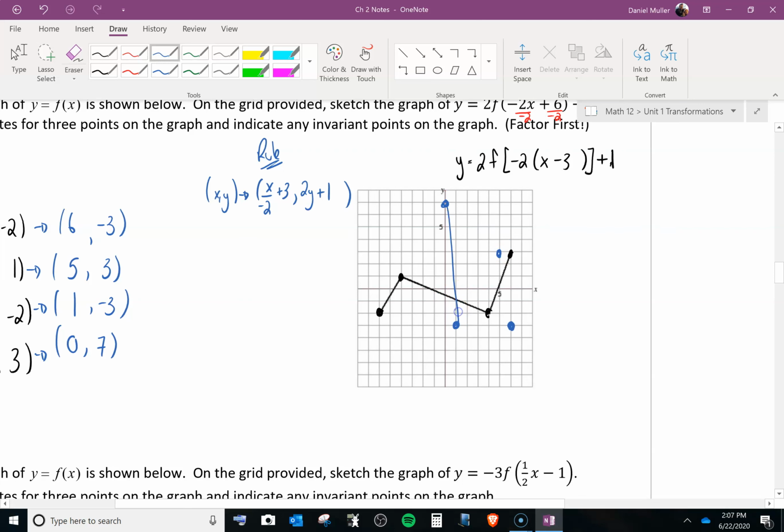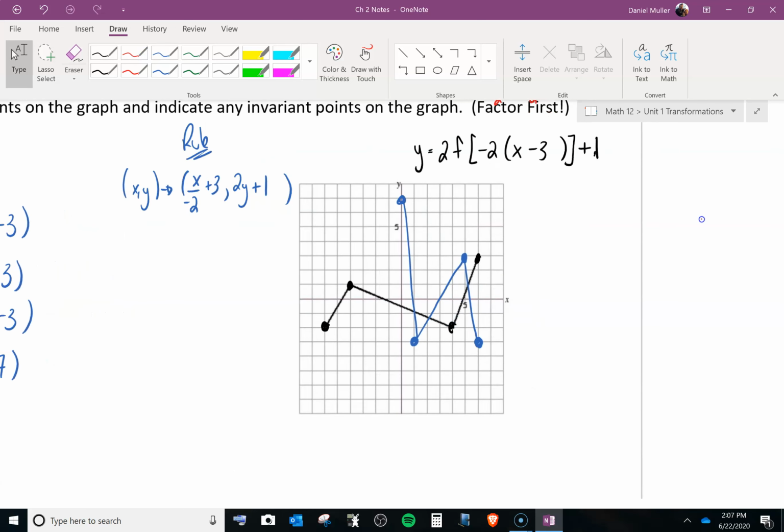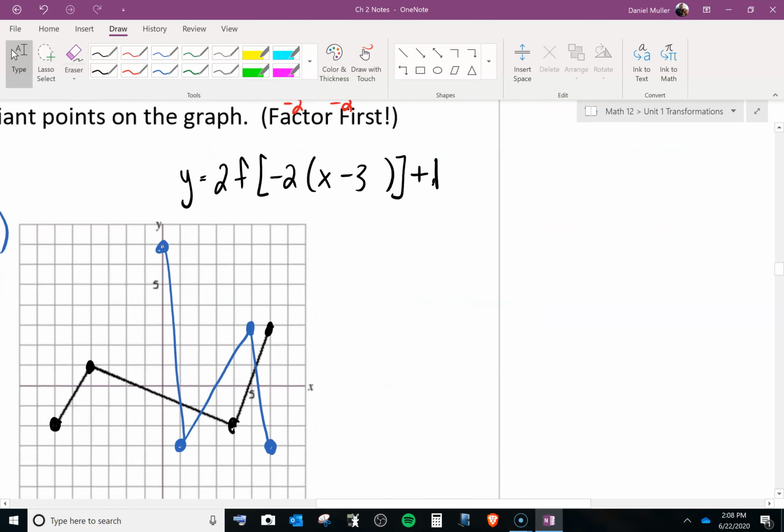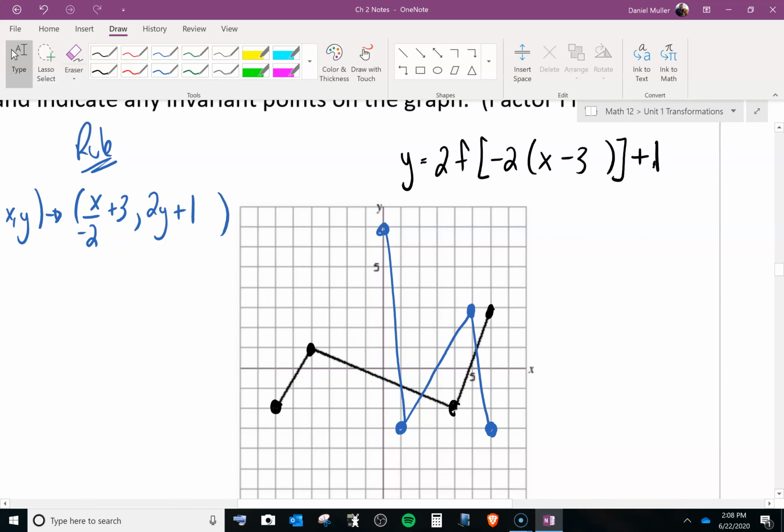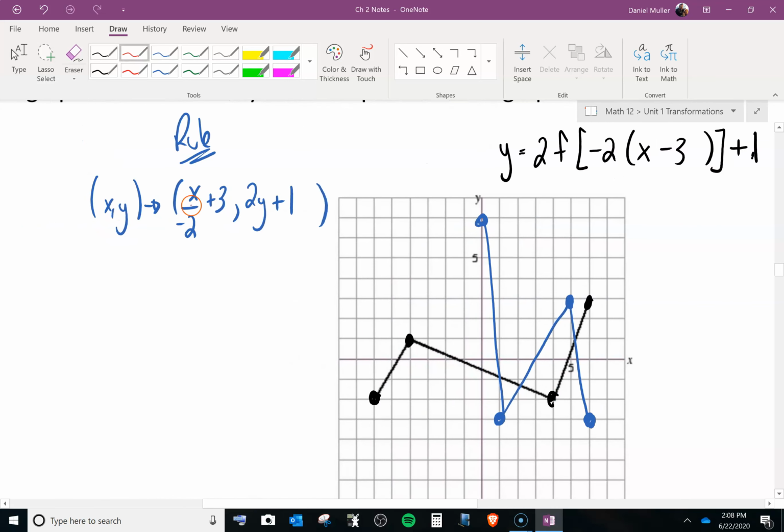So this thing, a lot has happened to that. Look at how it originally was and now what it is. So I'll just write down a couple things about what's happening here. Maybe I'll write that down by the rule. So I'm taking my x and I'm dividing it by 2. So this is all horizontal stuff.